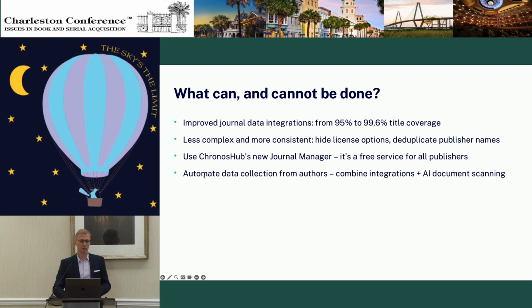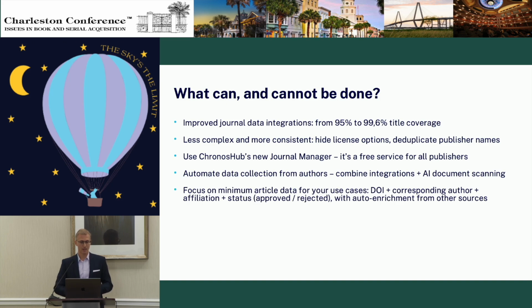And then we are working quite a lot to automate this data collection from authors. So you've heard about this AI document scanning, which is step by step getting better and better. But at least we have this combination of integrations and AI scanning to collect the data and get it structured so we can reuse it in an automated way.